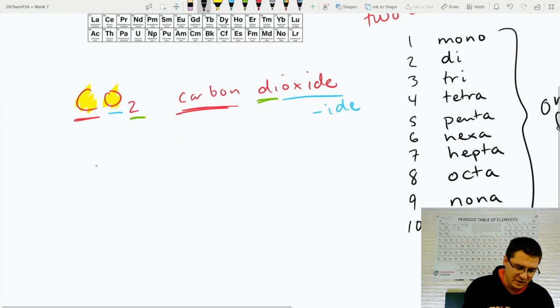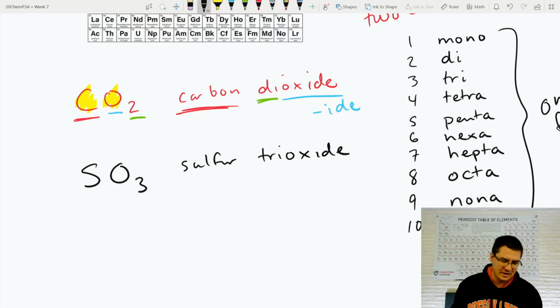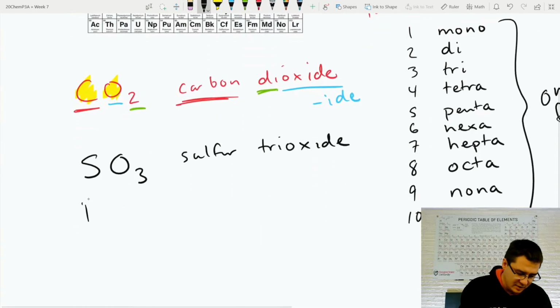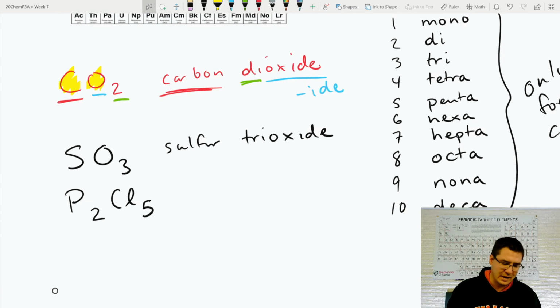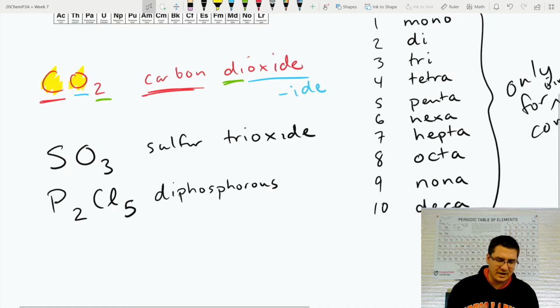So we're going to stick with those. So let's try some more. Let's go with this one, SO3. So this one would be named sulfur, and the prefix for 3 is tri, so sulfur trioxide. We can mix it up. Let's go with P2Cl5. So P2Cl5 has 2 atoms of phosphorus. So this would be diphosphorus. Okay, so no modification to the ending of phosphorus.